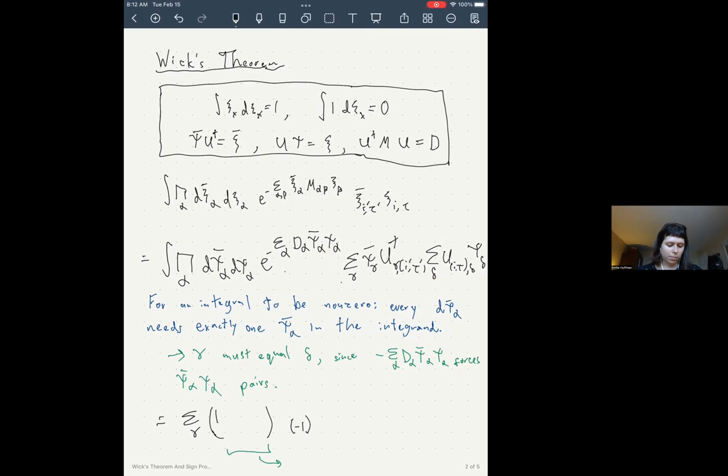So then I would get a product in our sum. I'm going to just sum over gammas only because gamma must equal delta. And then I'm going to do a product over all the alphas that are not equal to that particular gamma, because the gamma is going to correspond to this piece of d alpha. So this is the portion that comes from the exponent.